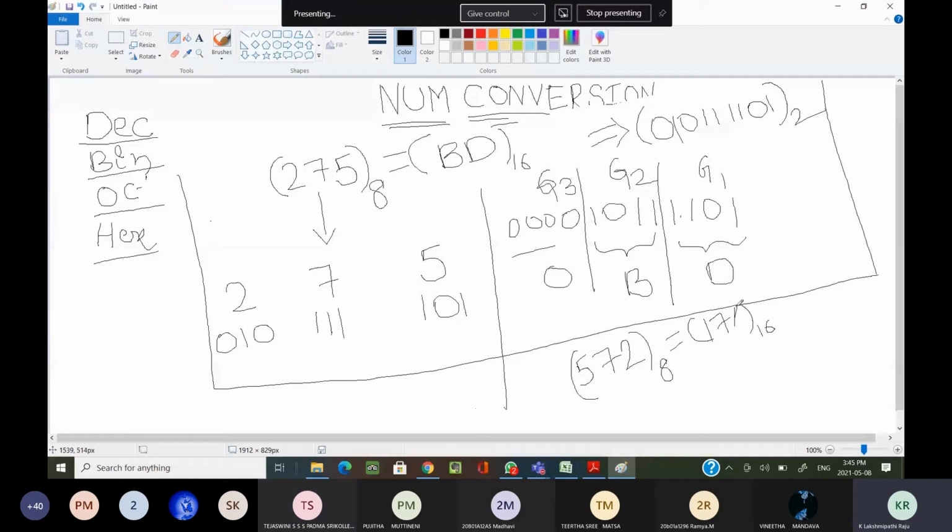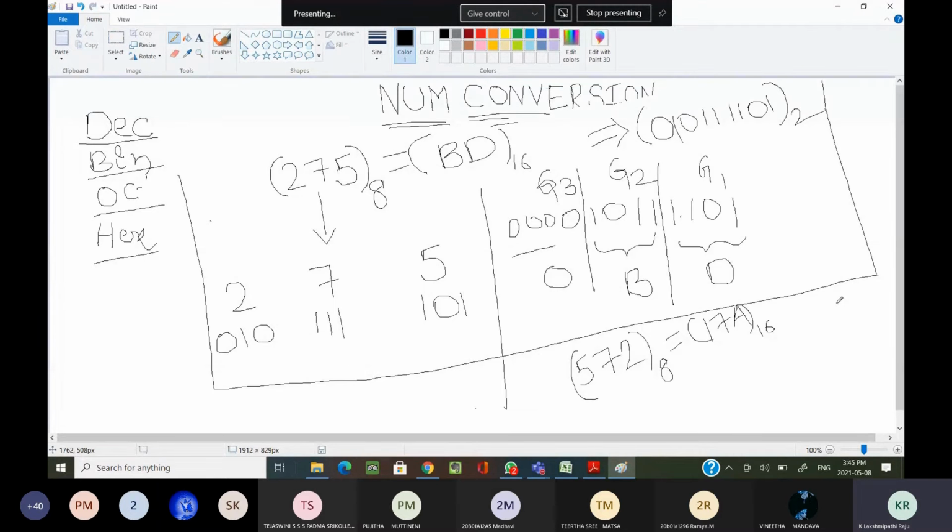Everyone got the same answer, or someone a different answer? Yes, sir, 17A of base 16.